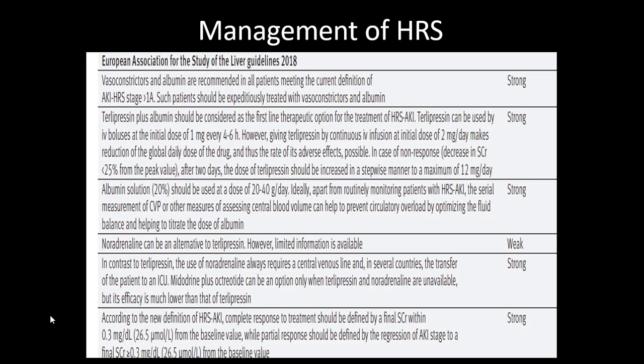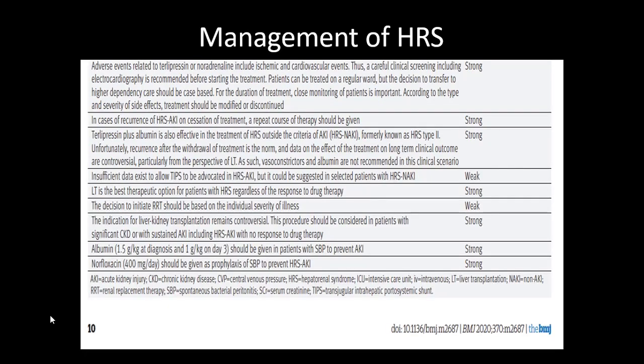And according to the new definition of AKI-HRS, complete response to treatment should be defined by final serum creatinine within 0.3 milligrams per deciliter from the baseline. And if it is more than or equal to 0.3, it is a partial response. So we all know that terlipressin and noradrenaline have a lot of ischemic and cardiovascular side effects.